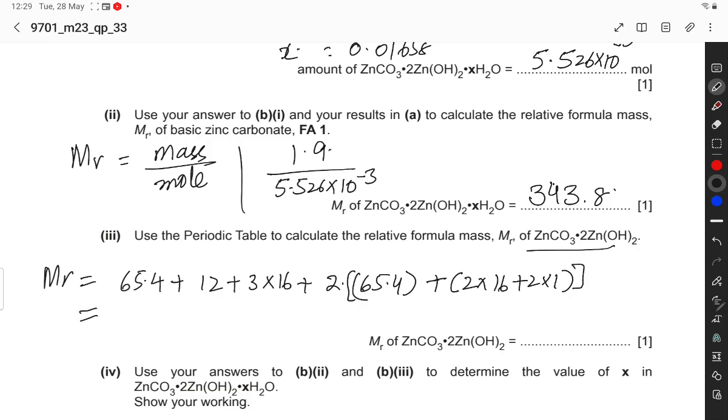So when we calculate this, the value is 324.2.